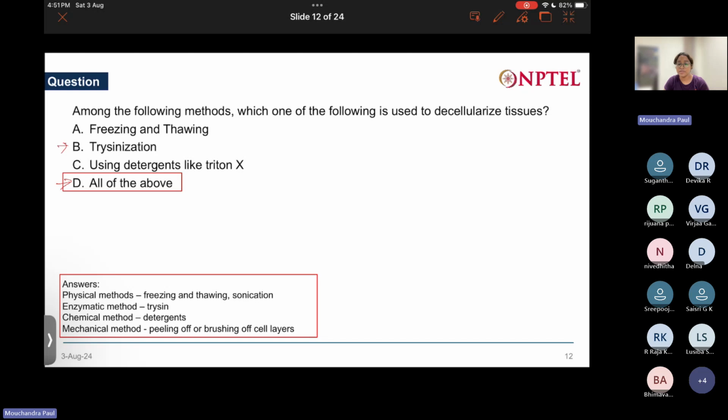Then there are enzymatic methods where you use enzymes like trypsin and break the bonds between the cell and your ECM. Trypsin acts on cell surface receptors like integrins that bind the cell to the surface, so the ECM is not harmed in any way.